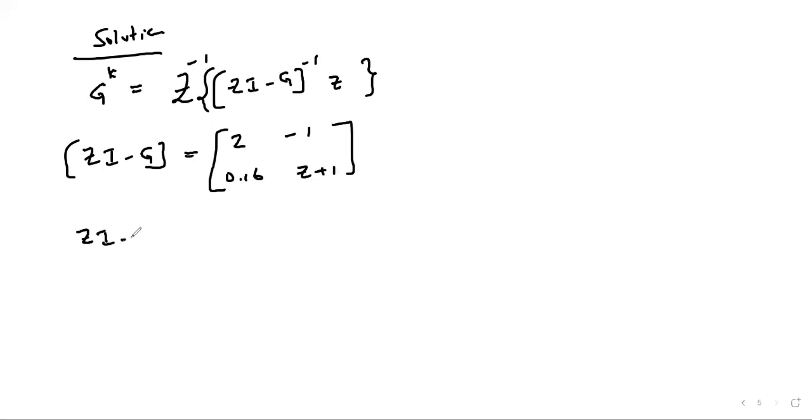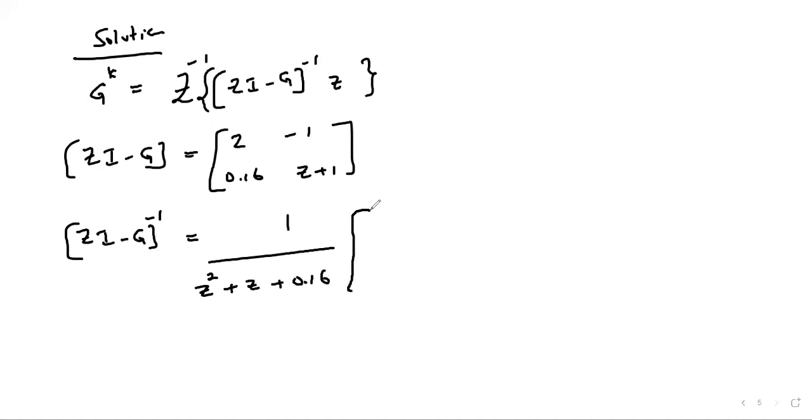Our (zI - G) inverse will be equal to 1 over the determinant, which is z squared plus z plus 0.16, into, then we interchange the terms of the major diagonal to get z+1, z, and we negate the terms of the minor diagonal to obtain 1, -0.16.